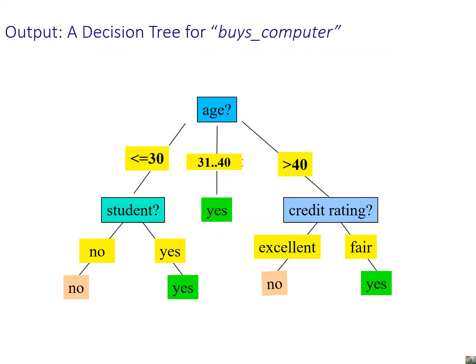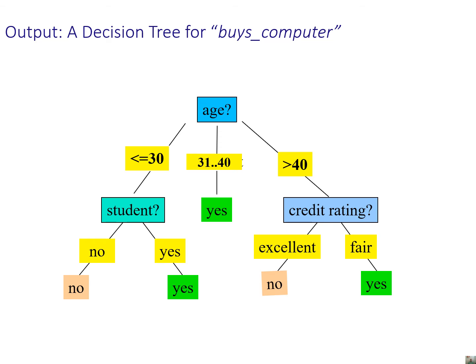And let's say that this is a particular decision tree model constructed. It starts from age. Age is the attribute, so we have three different classes available here. The age is less than or equal to 30, the age is between 31 to 40, and age is more than 40.